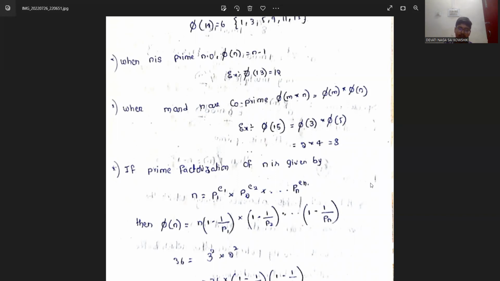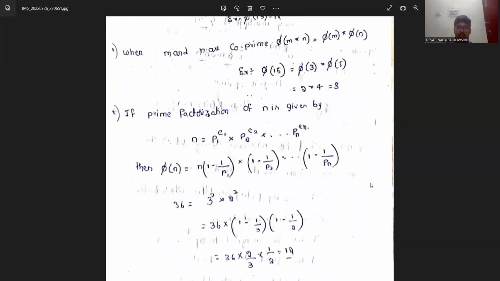Let's take an example and see how this works. Let n equal 36. This 36 can be factorized as 3 square into 2 square. So the p1 value is 3, p2 value is 2, and e1 and e2 are both 2.